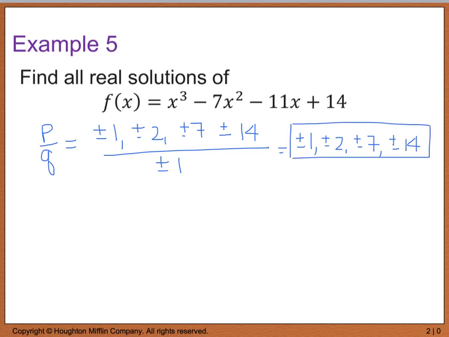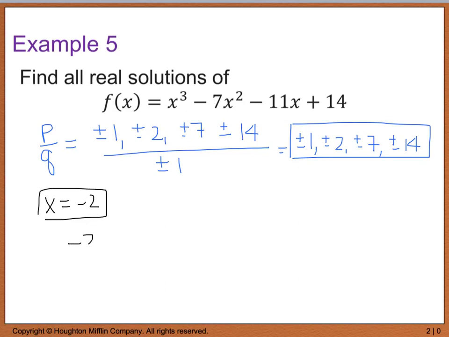So I have 8 different possibilities. Now I'm going to get my calculator out, graph it, and see that I really have a 0 at x equals a negative 2. Now this is the best 0. I see I have 2 more, but they're not exact values, so that's why I chose this one right here.